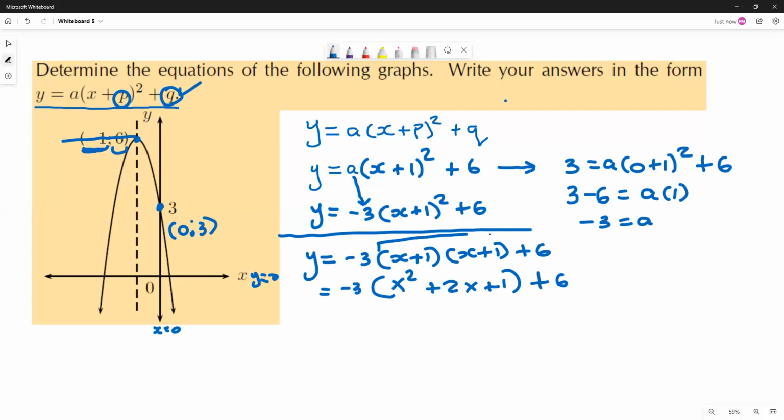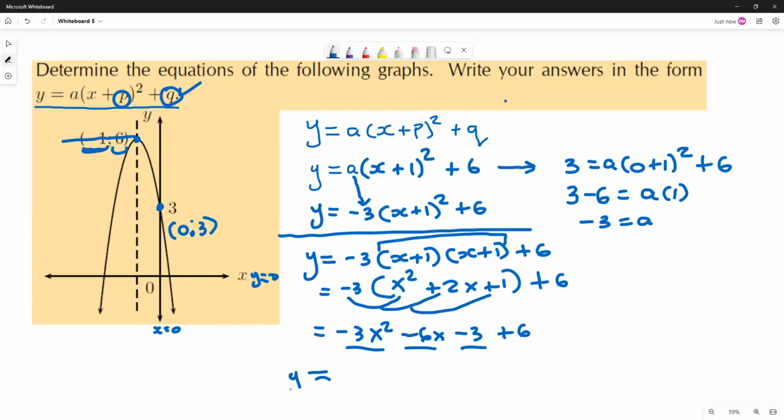When you multiply these two brackets together, this will be your final answer, which becomes negative 3x squared minus 6x minus 3 plus 6. You multiply the negative 3 to each single term. Then you can easily see that your y is therefore going to be negative 3x squared minus 6x plus 3, because these two are like terms and they add up to 3.